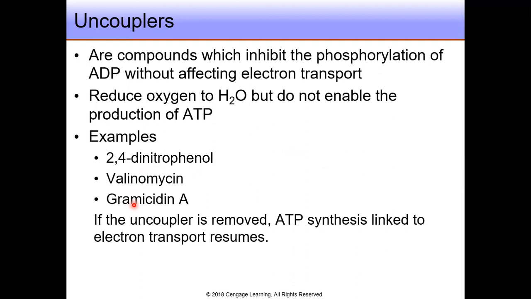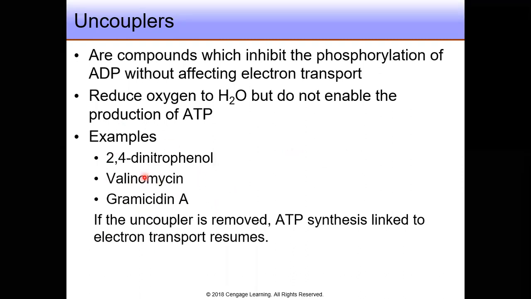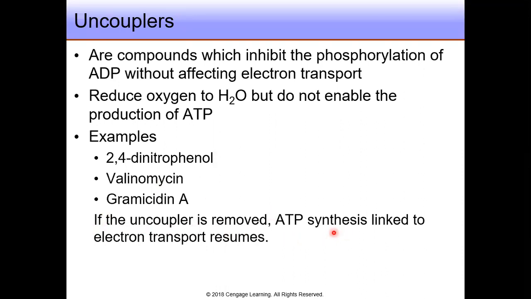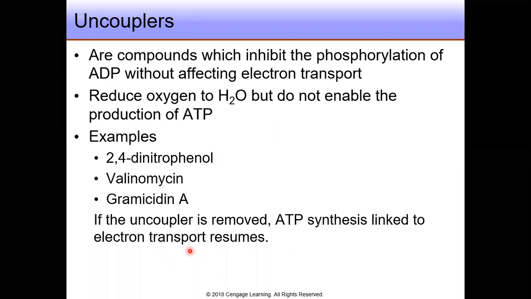So you uncouple oxidation from phosphorylation. However, the effect of uncouplers is temporary, since if the uncoupler is removed, then ATP synthesis linked to the electron transport resumes.